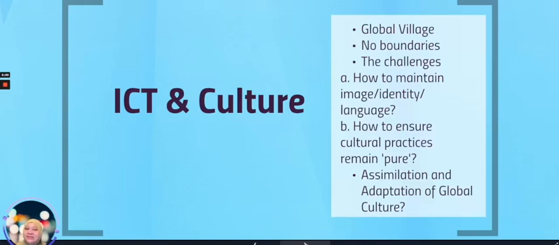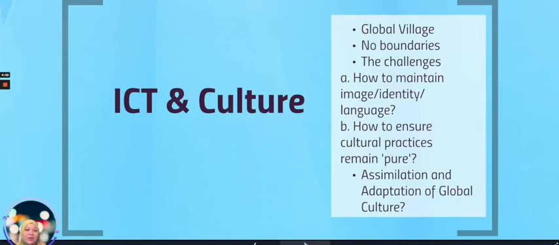So how to maintain image, identity, and language? That's the first main challenge. The second main challenge is actually how to ensure cultural practices remain pure. There's no mixture of anything or everything from this global village.